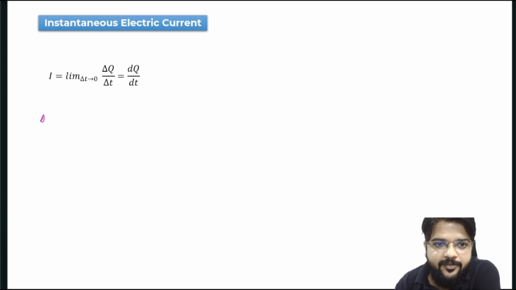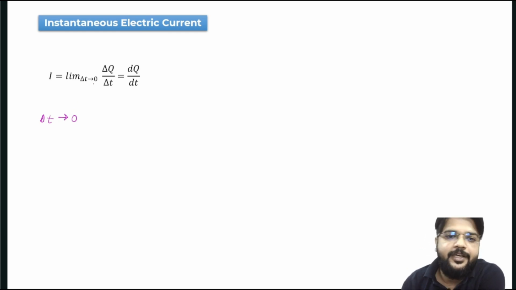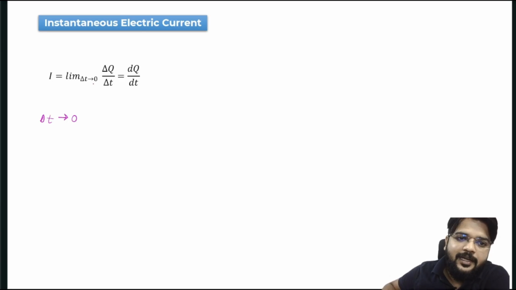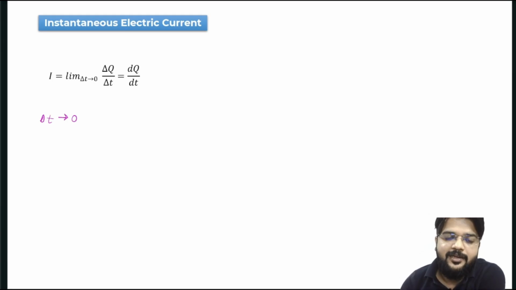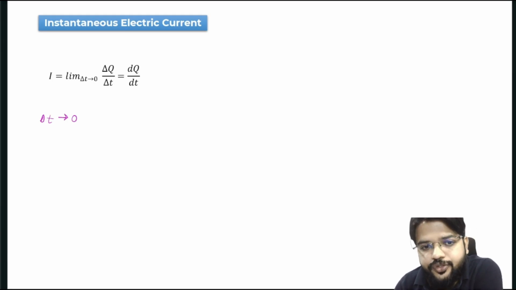Here we write I equal to limit delta t tends to 0, meaning time is approaching 0. Limit delta t tends to 0 means delta t is approaching 0, but it is not equal to 0. Delta t can be 0.00001, but it is not equal to 0.